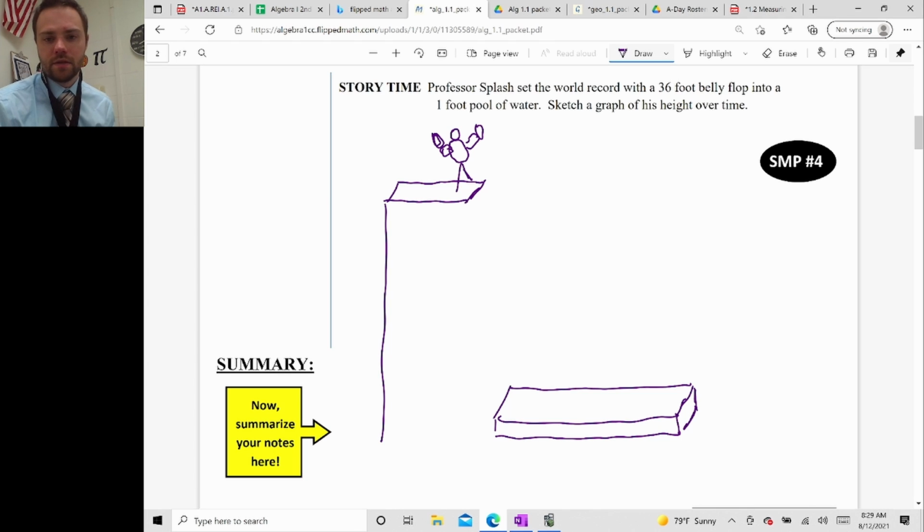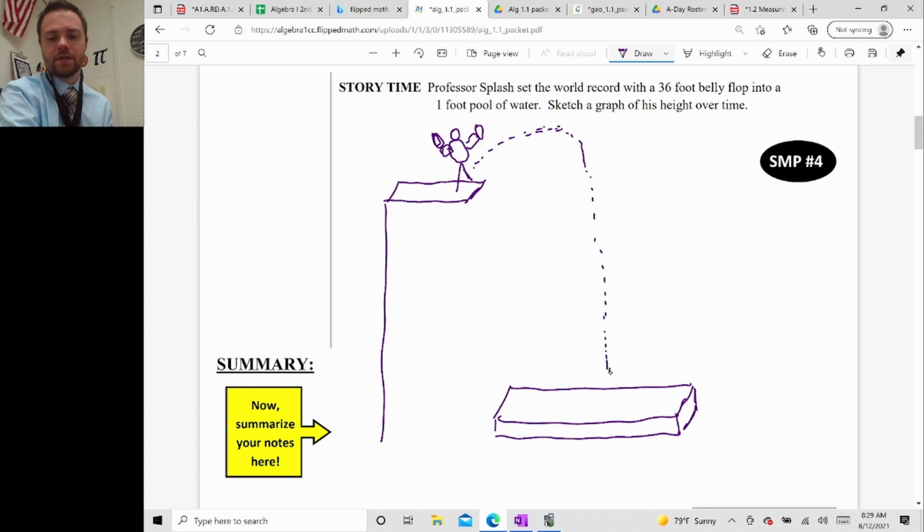And we're saying world record with a 36-foot belly flop. So what this is saying is at his maximum height, he's 36 feet in the air. But if you think about it, if he's jumping off of a diving board, he's going to go up. Okay? He's going to go up after he's jumped, and then he's going to come back down after gravity takes hold of him.